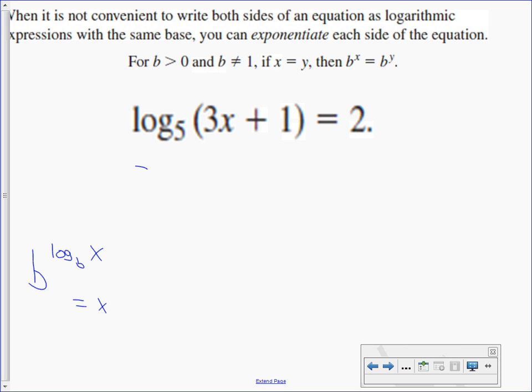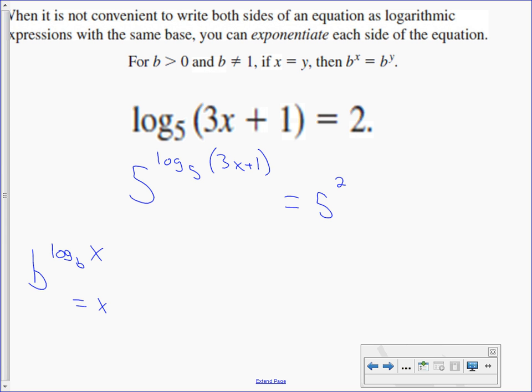What I'm going to make this is 5 to the log base 5 of 3x plus 1. So what do I have to do to the other side? 5 squared. What I'm doing there is creating an extra base, I guess is an easy way to say this.